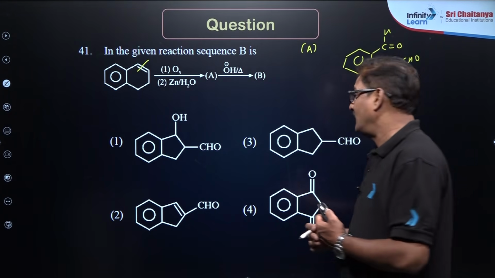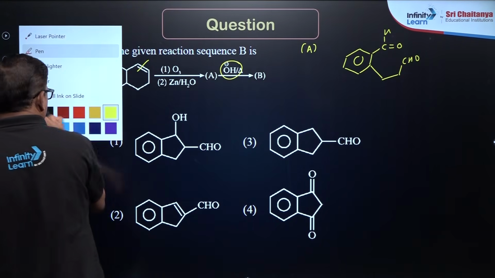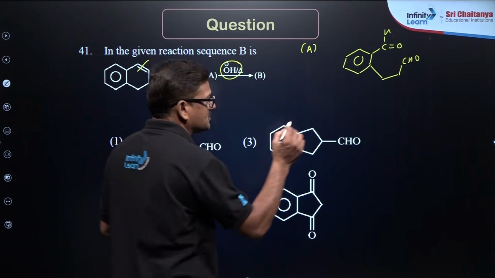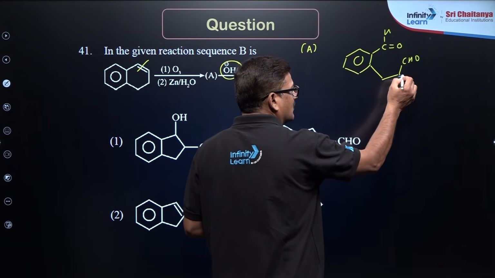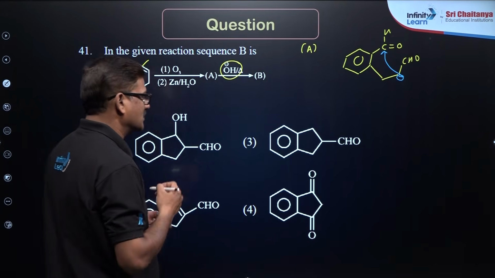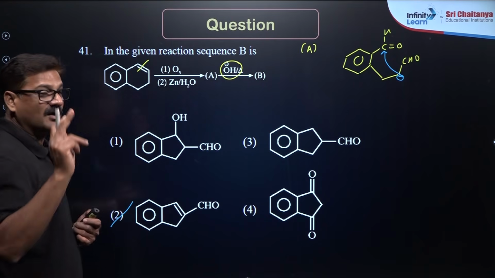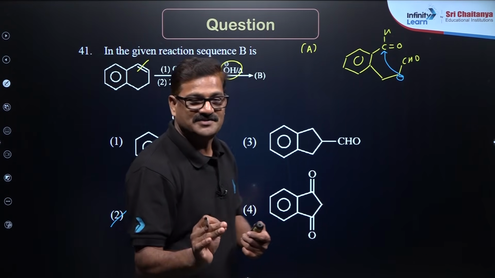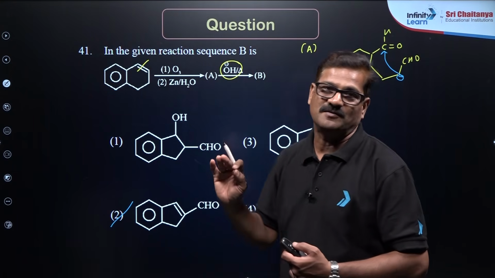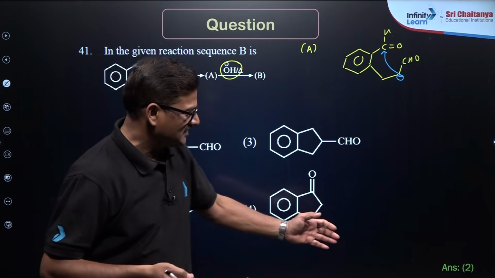Now this is treated with OH- and it undergoes aldol condensation. When it undergoes aldol condensation, there is a nucleophilic attack, and on heating it is dehydrated. So an alpha beta unsaturated aldehyde is going to be formed. So option 2 is the correct answer for this question.